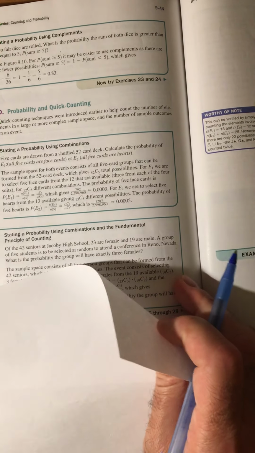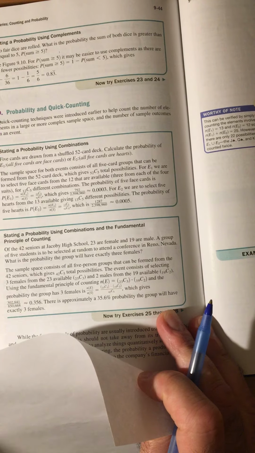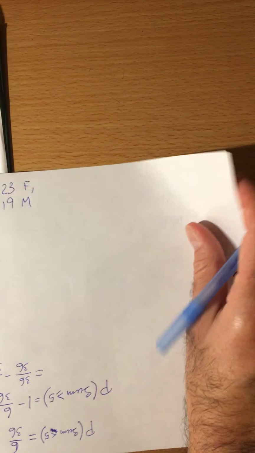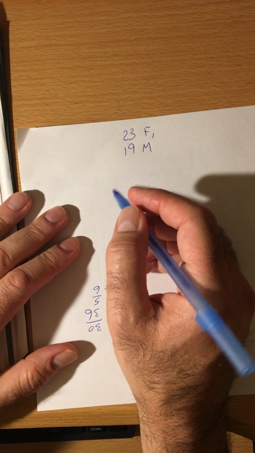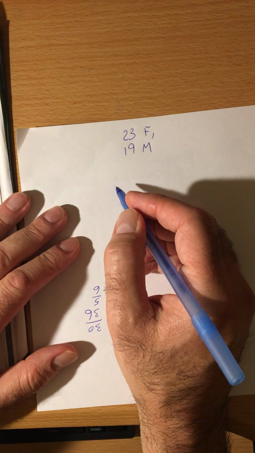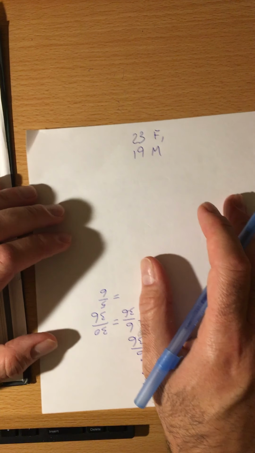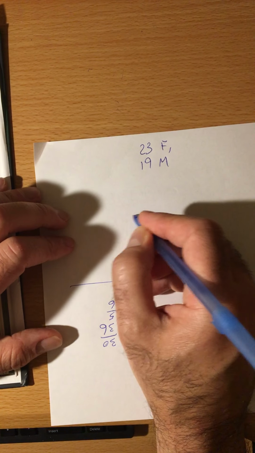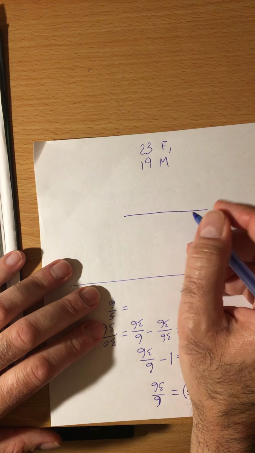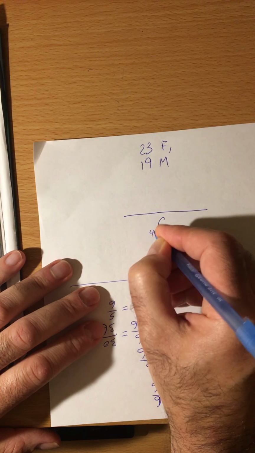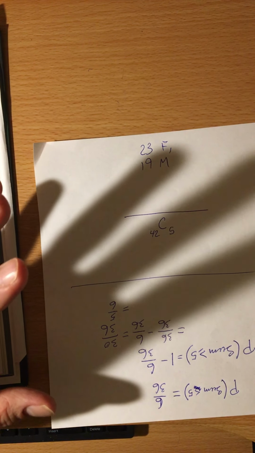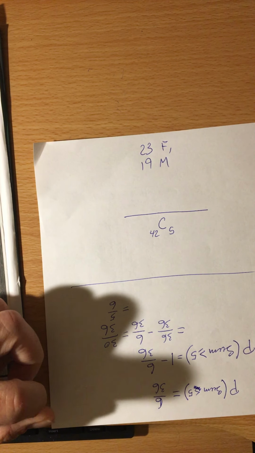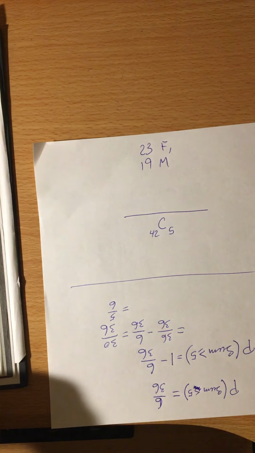Remember, what is the definition of probability? The number of desired events over the total number of events. So what's the total number of outcomes? That will be 42 students choosing 5. That's the denominator, the total number of outcomes.